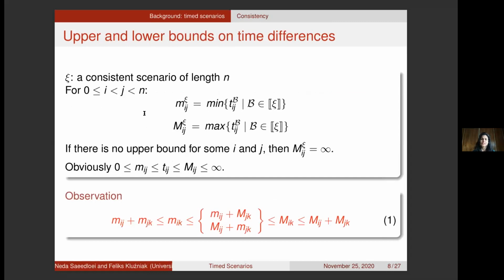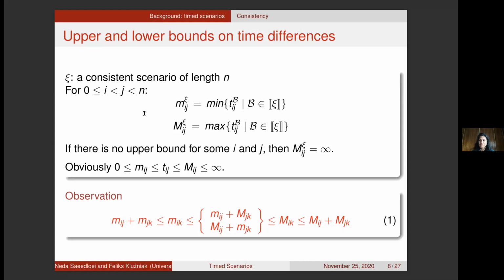So for a consistent scenario Psi, let's assume the set of all behaviors that are allowed by this scenario. Consider those behaviors, and then consider the times between every event i and j in all such behaviors.